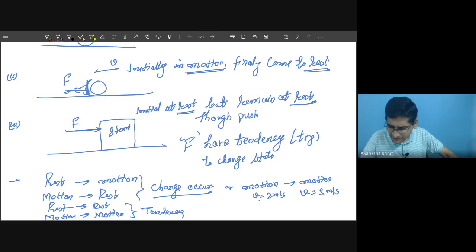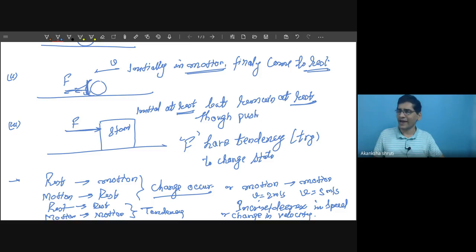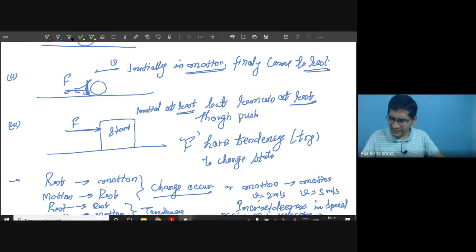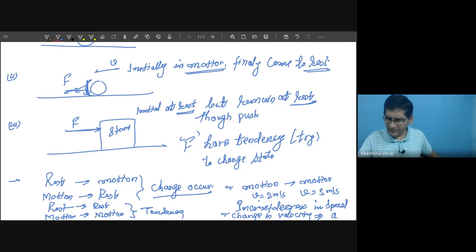So even when the speed is increasing, that is also a change. So increase or decrease in speed, or change in velocity. Now students, velocity is a vector quantity, so that change may occur due to a change in its magnitude, or due to a change in its direction.